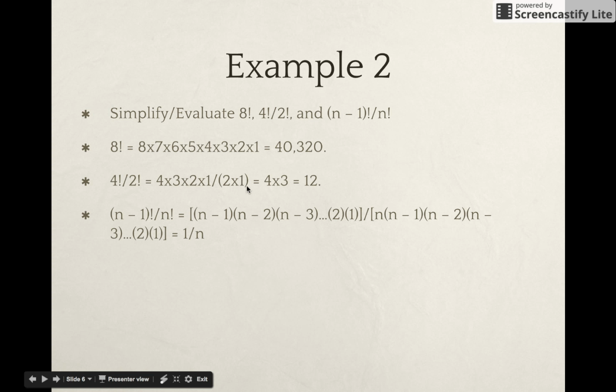We did 2 divided by 2 and 1 divided by 1. In this example here, we actually have common factors of n minus 1 and n minus 1, n minus 2 and n minus 2, and n minus 3 and n minus 3, and so on. All of these are common factors, so the only factor left in the denominator is n, and so this results in 1 over n.